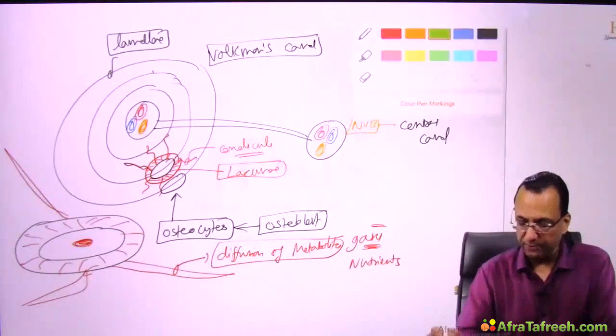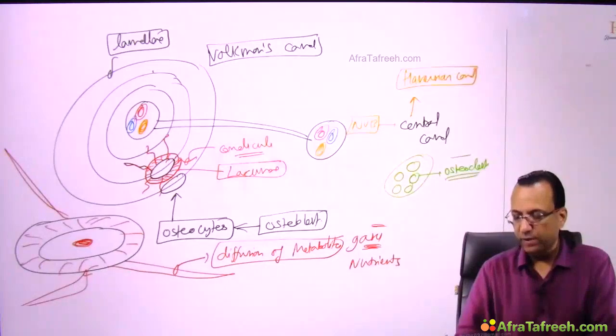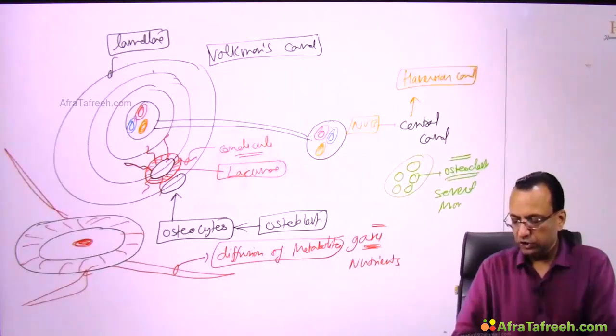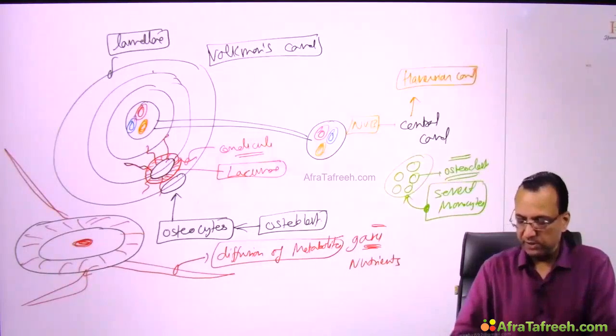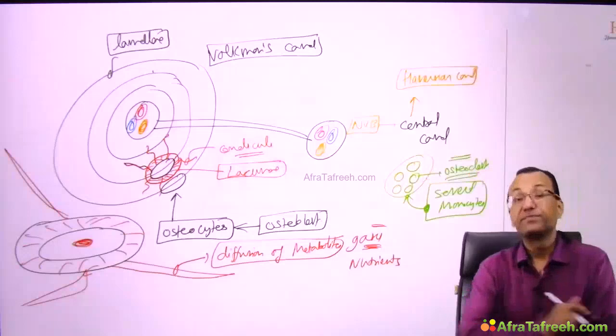Osteoclasts are multinuclear. An osteoclast is a multinuclear bone-eating cell for osteolysis. Several monocytes come together and unite to form a multinuclear cell that is called an osteoclast, for bone osteolysis.